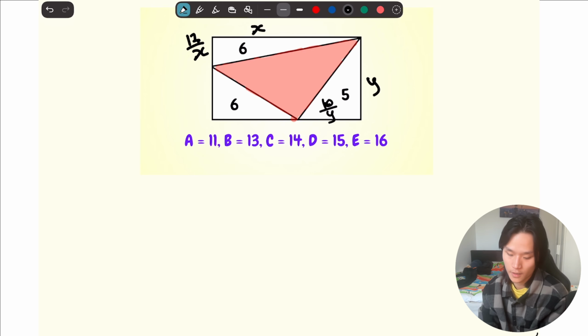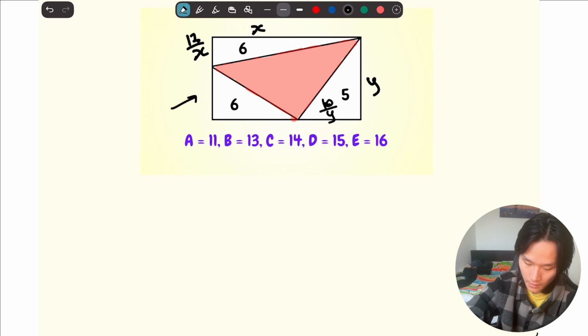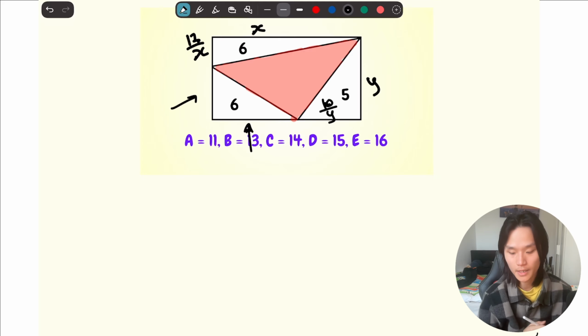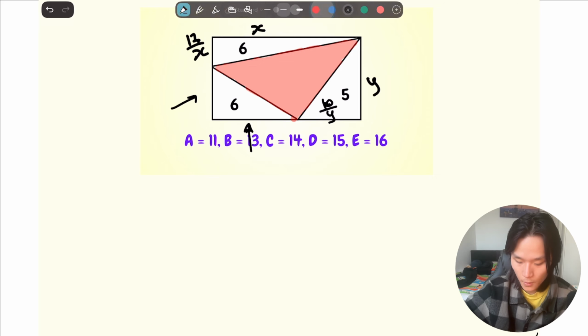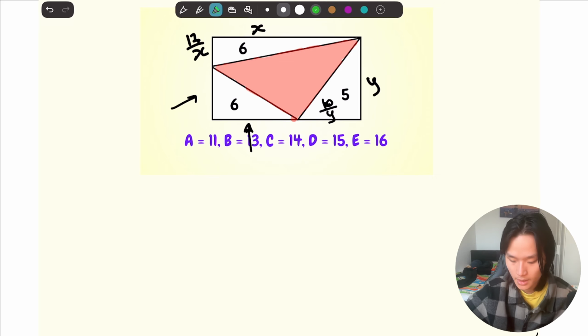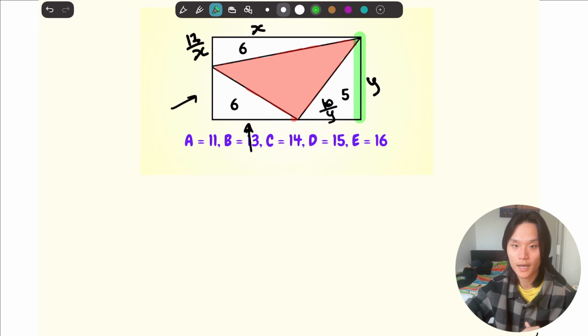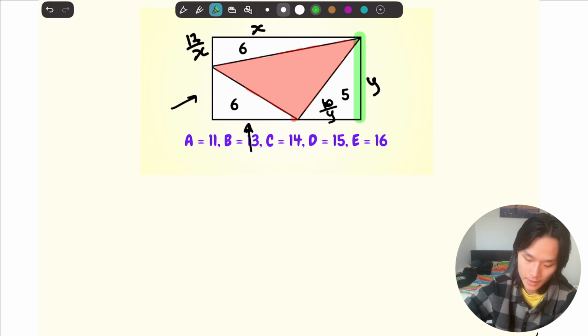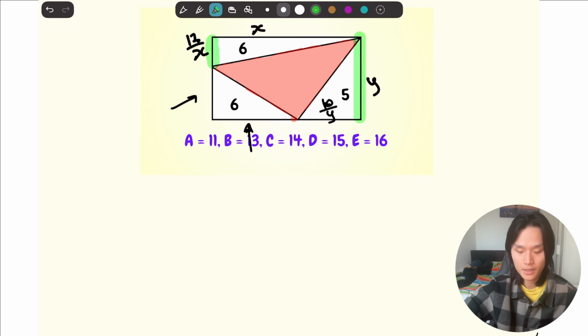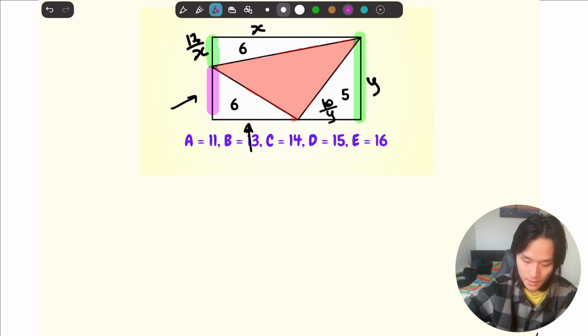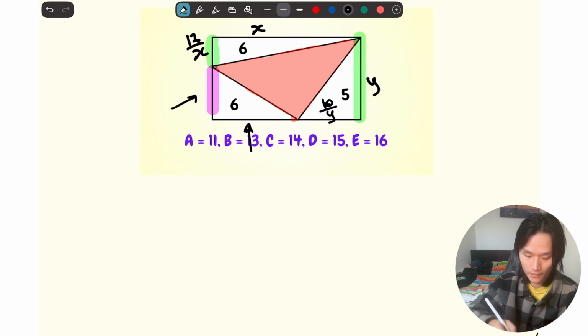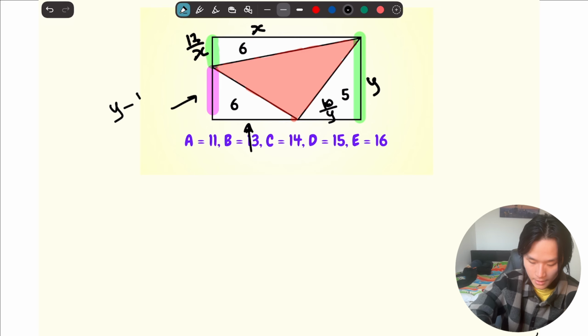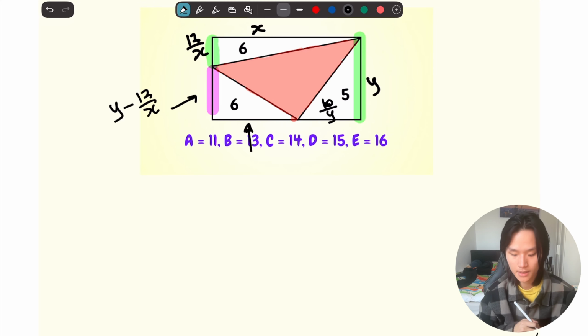Now another thing is let's think about the size of this triangle in terms of x and y. Well, we know that the side of the whole rectangle, the height, is y, and this bit is 12 divided by x. So what remains here must have length y minus 12 divided by x.